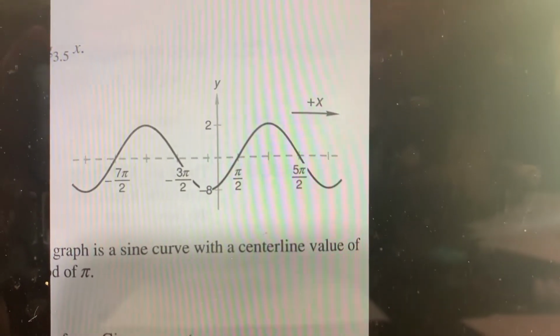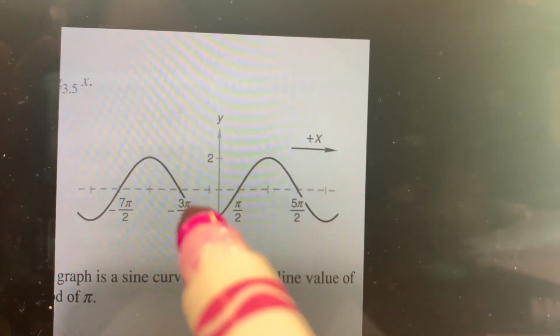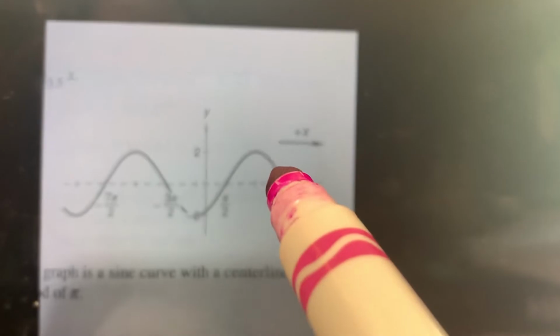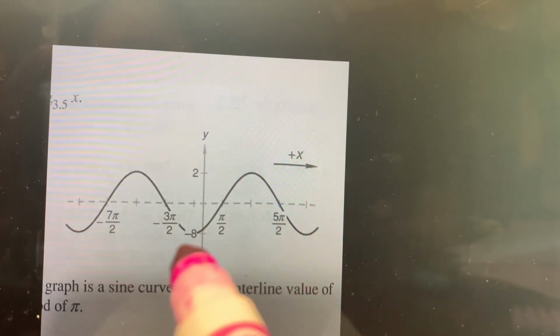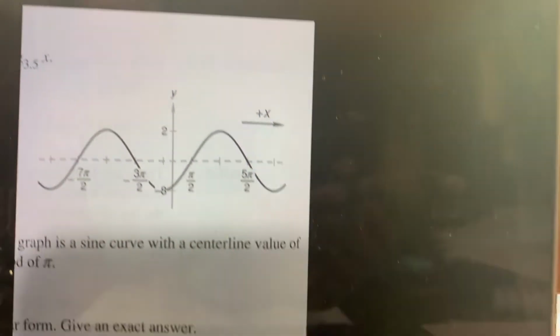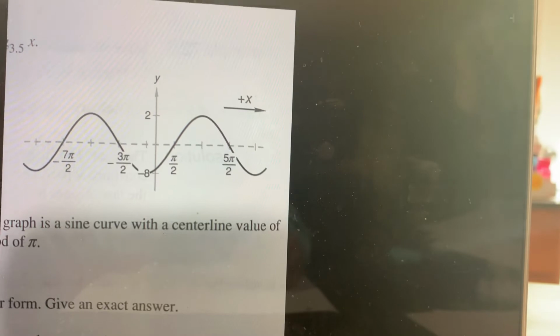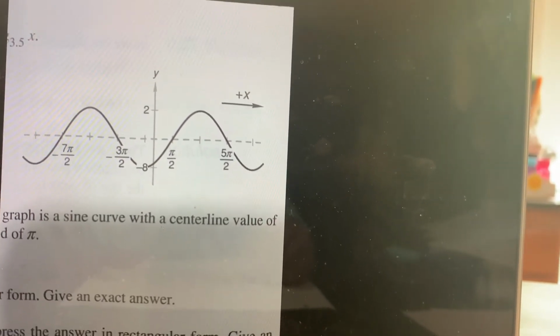So for the length of the period, we're going to calculate it like this. It starts at negative 3 pi over 2, goes down, comes up, and ends at 5 pi over 2. So I'm going to add those two lengths together to find the length of the period. So again, it would be 3 pi over 2 plus 5 pi over 2.